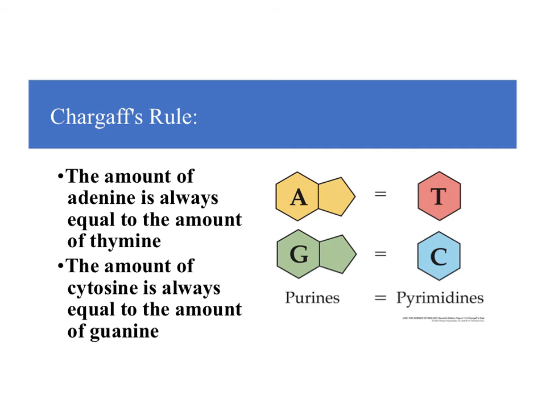So he came up with the conclusion that adenine is going to pair up with thymine, and guanine is going to pair up with cytosine. Or a purine is always going to bond to a pyrimidine. So make sure in your notes you have A bonds to T, G bonds to C, which should be the same conclusion we came up with at the beginning of class, yes? Good.